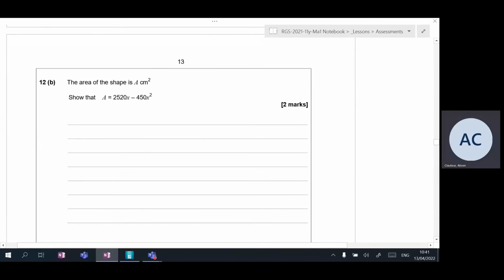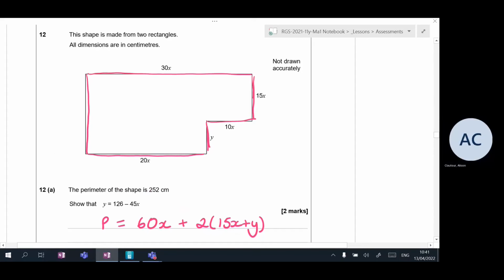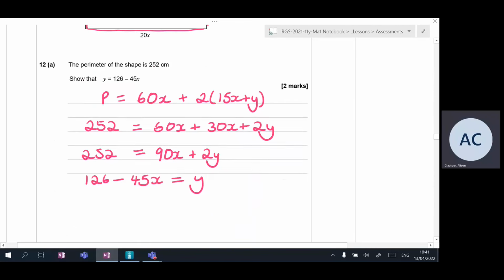The area of the shape is A. So let's have a think about how I'd find the area. So I'm going to split it up. So I've got this big rectangle and this small rectangle. So the big rectangle A would be 20x multiplied by 15x plus y.